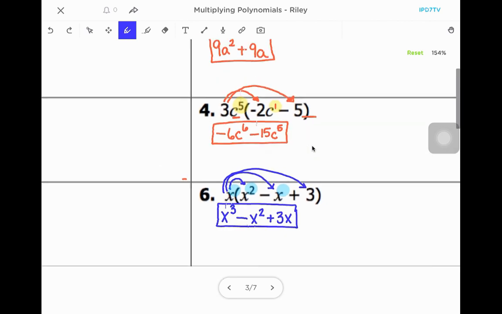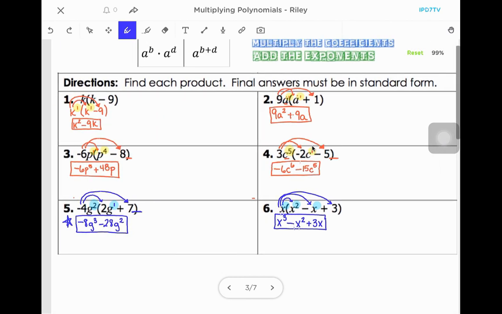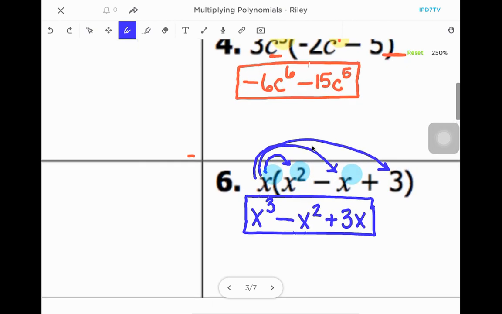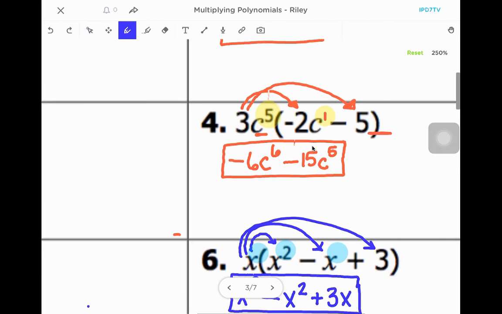All right? Whenever you're looking at exponents, you're adding them together. If you just have a number all by itself, you're kind of just tagging on whatever the variable and exponent is. Okay? So notice we had c to the 5th power.